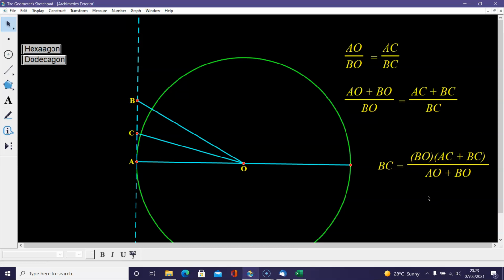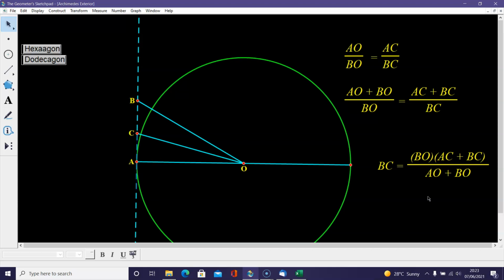So if you need to, pause the video to write those numbers down so that you know exactly what you need to see, so that we can say to ourselves, hey, this is the right calculation. And so I'm going to do the same thing. BO is being multiplied to the sum of AC and BC, and that is over the sum of AO plus BO.